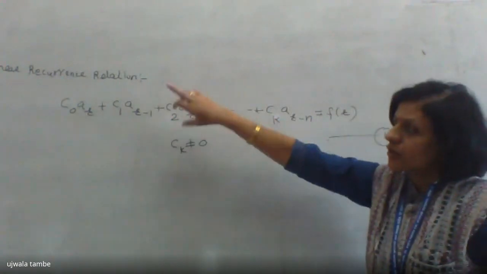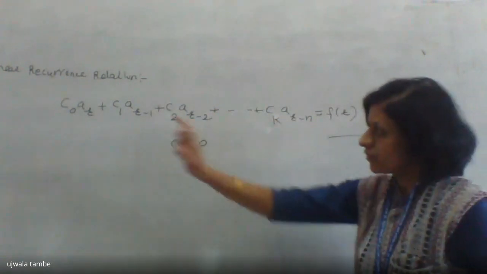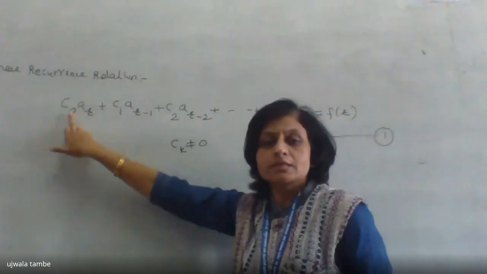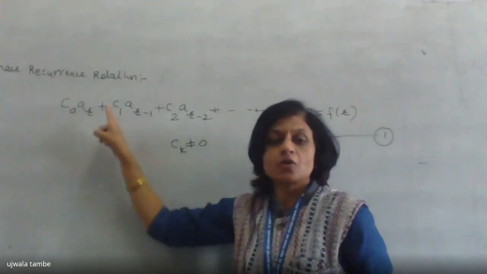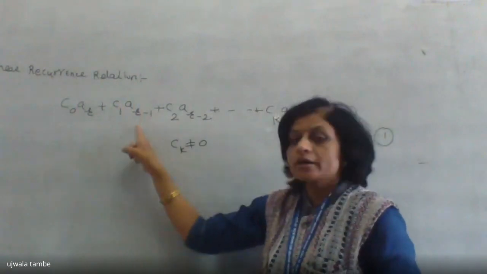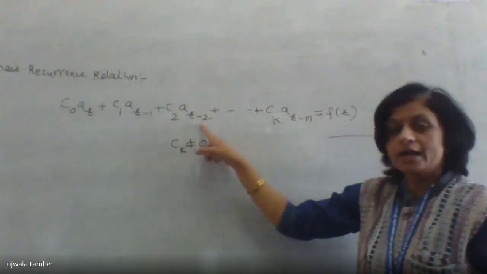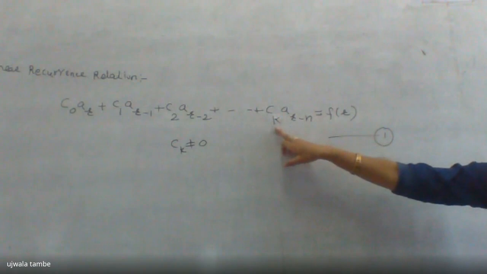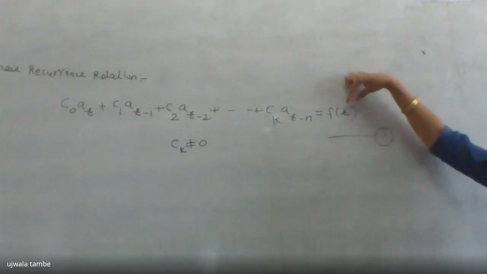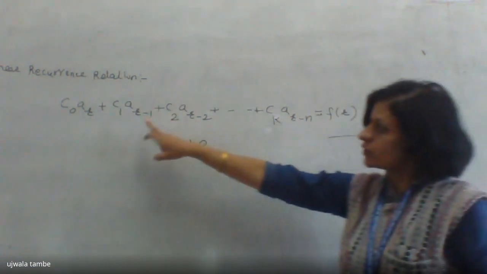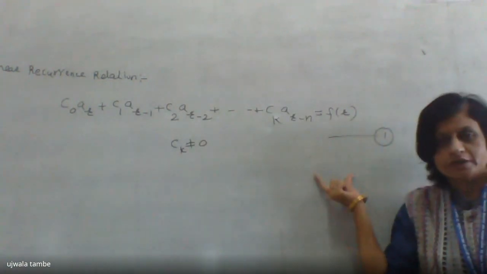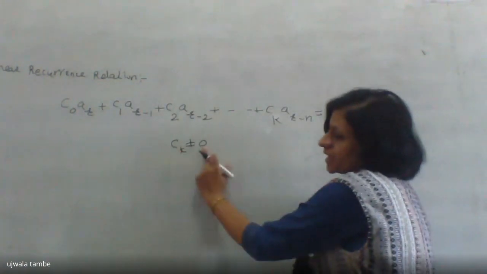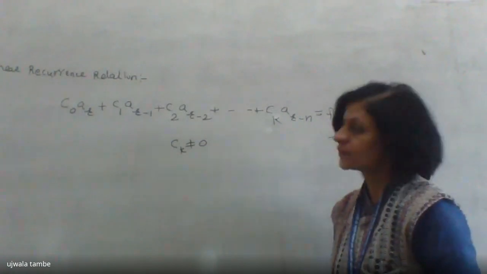The equation of linear recurrence relation is of the form C0 Ar plus C1 A(r-1) plus C2 A(r-2) up to Ck A(r-k) is equal to f of r, where C0, C1, C2 up to Ck all are real constants and Ck is not equal to 0.